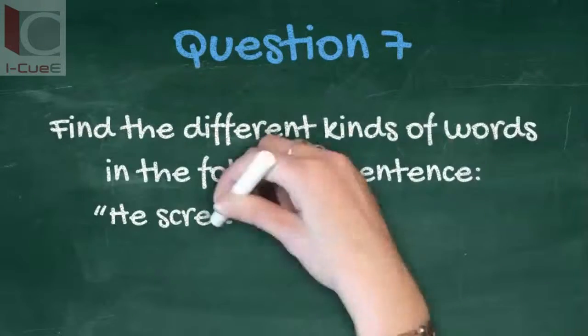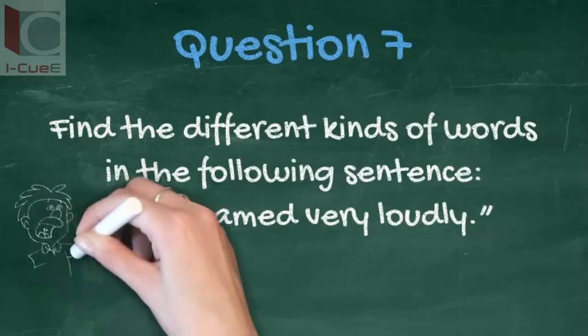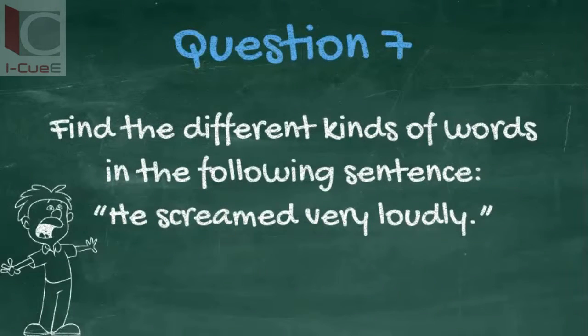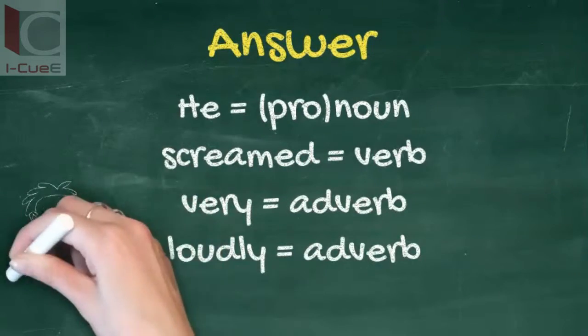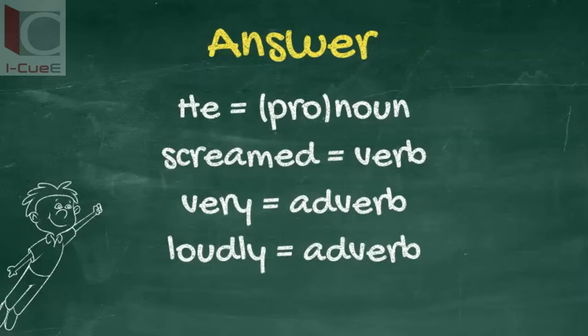Find the different kinds of words in the following sentence. He screamed very loudly. He equals pronoun, screamed equals verb, very equals adverb, loudly equals adverb.